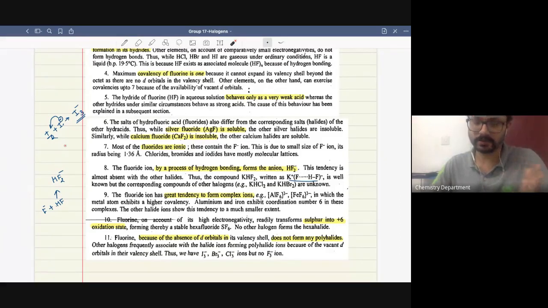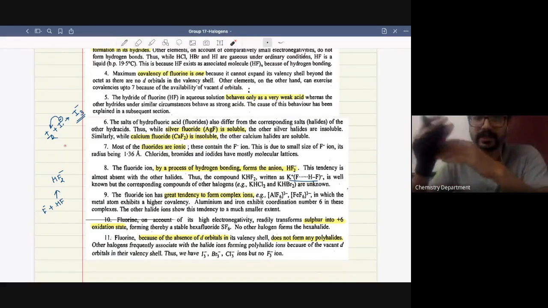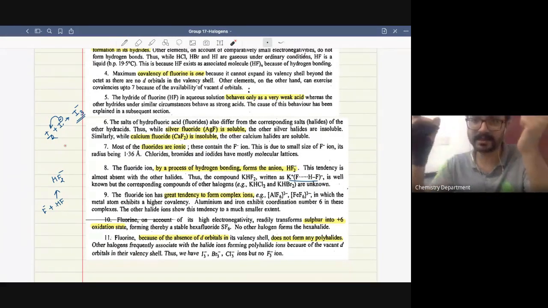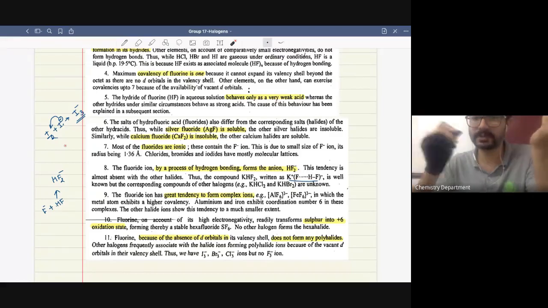One thing I found when I was checking your test: whenever you write about these anomalous properties, please go through the textbook. In class, we write in very short points, and I might say a lot of things that I might not have written on the board, because I expect you, the next day, to go home and read those portions from the textbooks.